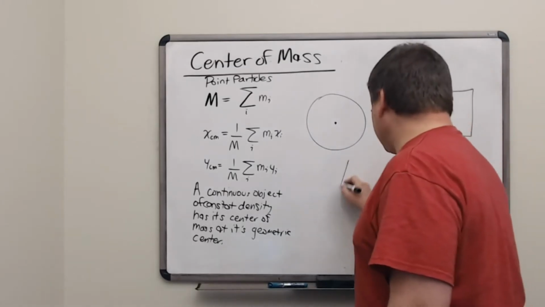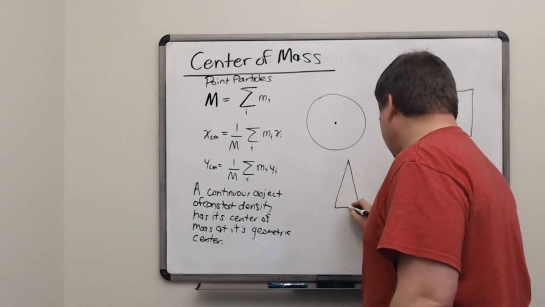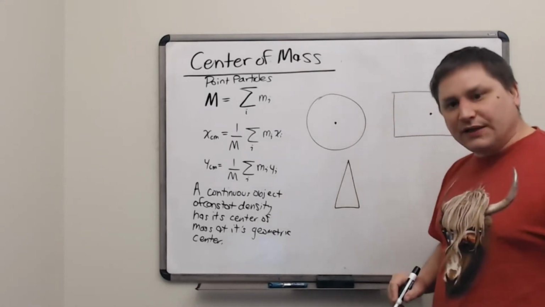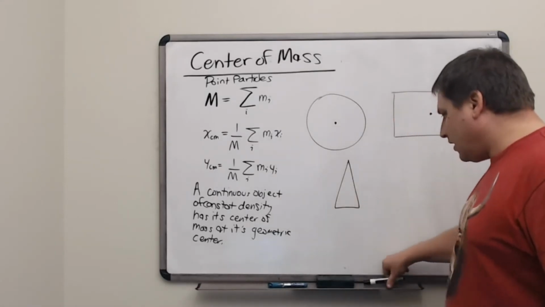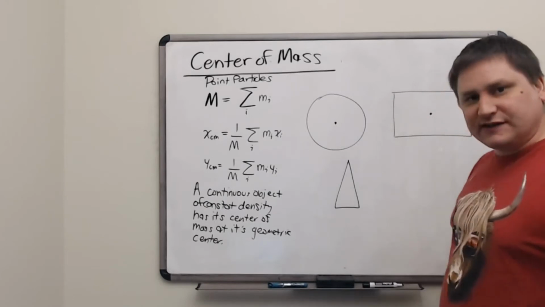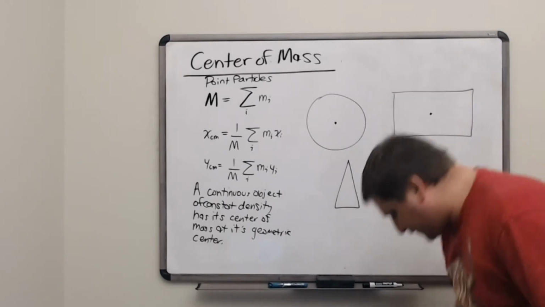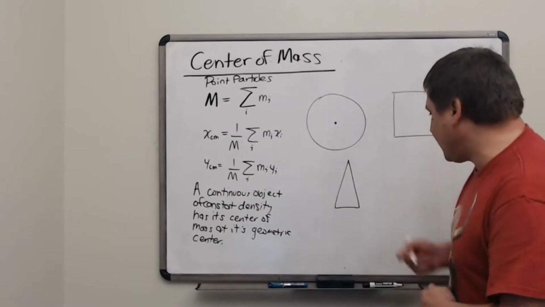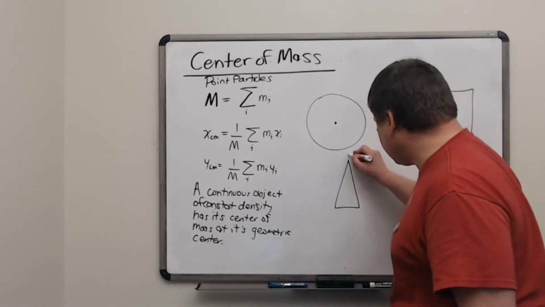If we have a different shape, which we're not so familiar with, we can always find the geometric center by looking for lines of symmetry. So here I've got an isosceles triangle.